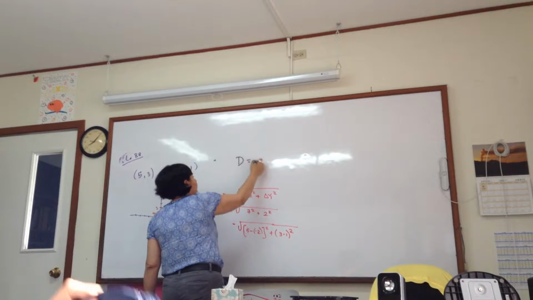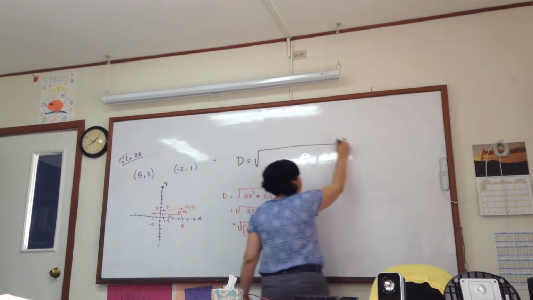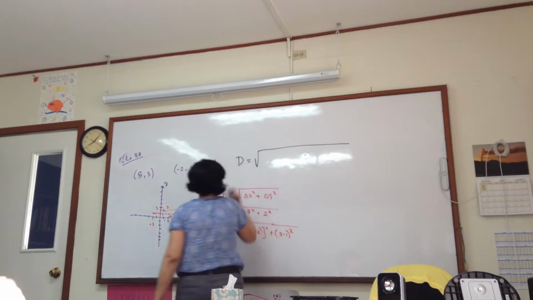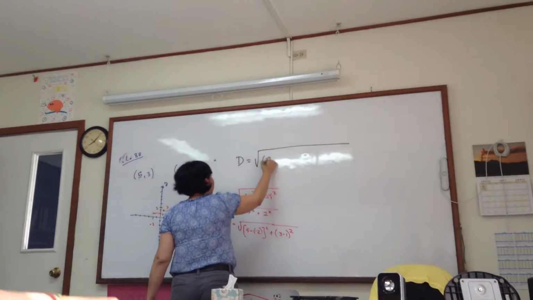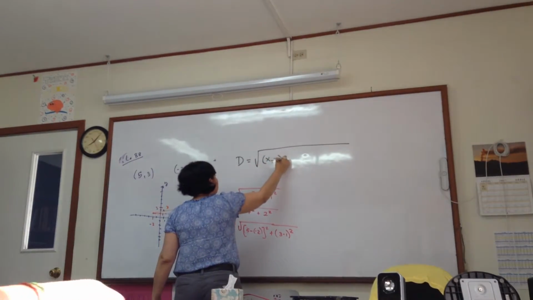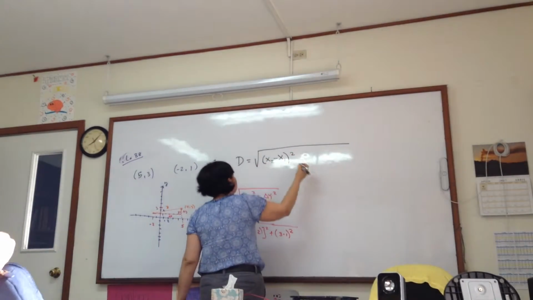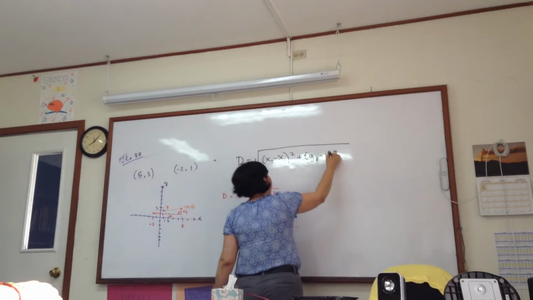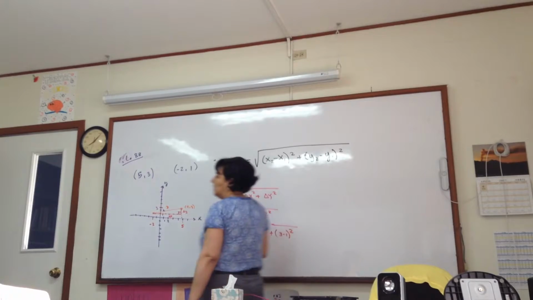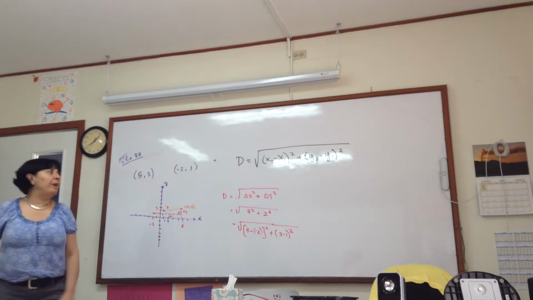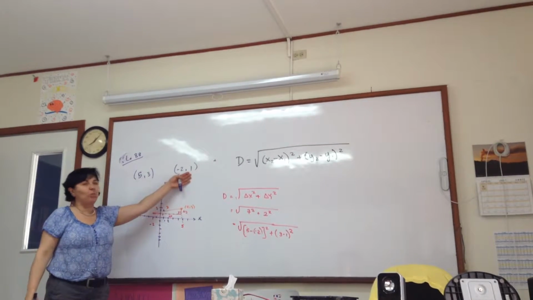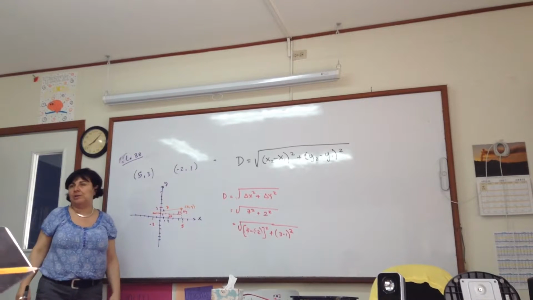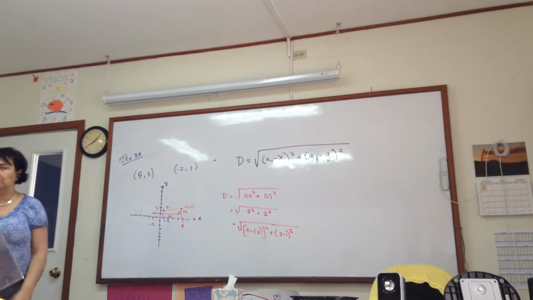Distance equals... x2 minus x1 squared plus y2 minus y1 squared. Perfect. Doesn't matter which one is x1 and x2, or x and y. No, it doesn't matter.